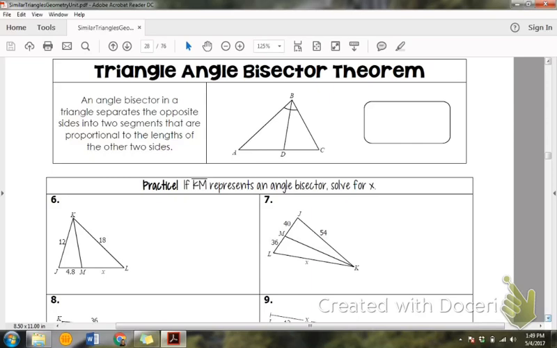So when you have one figure, and that figure is an angle bisector, meaning these angles up here are congruent, you can say that this side is proportional to this side, and this side is proportional to this side. All right? So if I were you, I would maybe highlight in different colors, or maybe you can use 2 check marks so you know which ones go together.